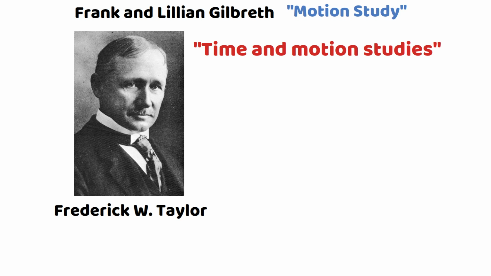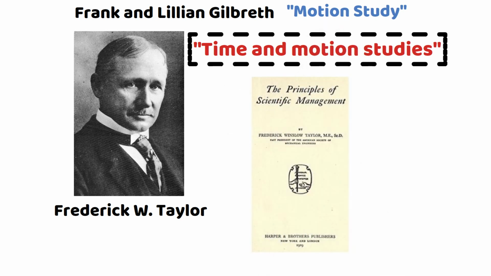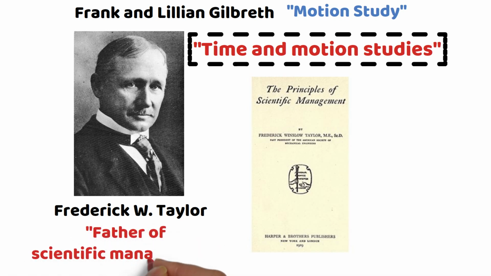He finally developed the concept of time and motion studies. His management theory was published in 1911 in the book The Principles of Scientific Management, where Taylor's key ideas included the 4 basic principles. Taylor is called the father of scientific management.